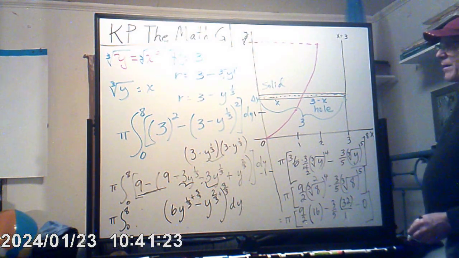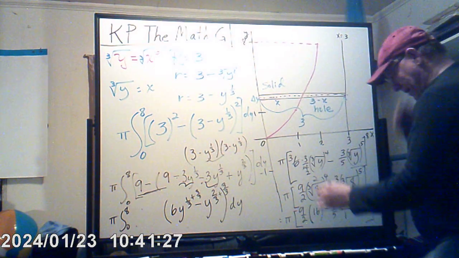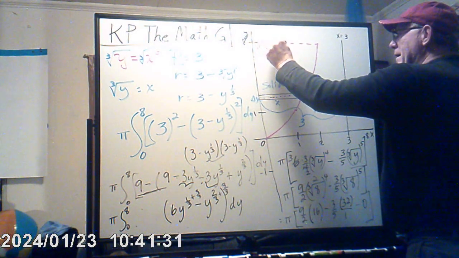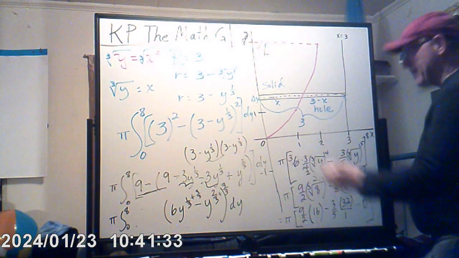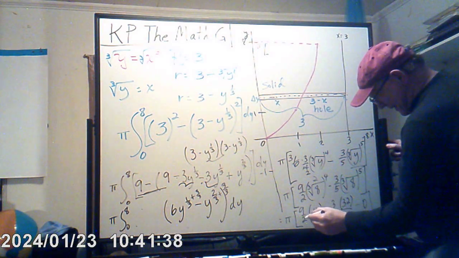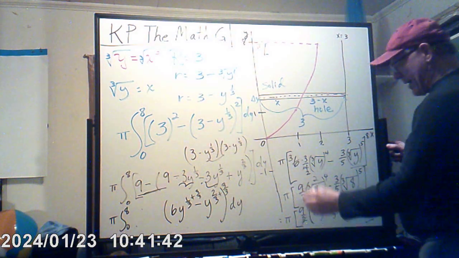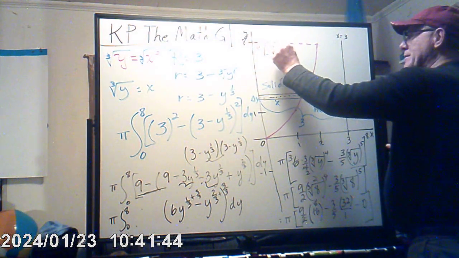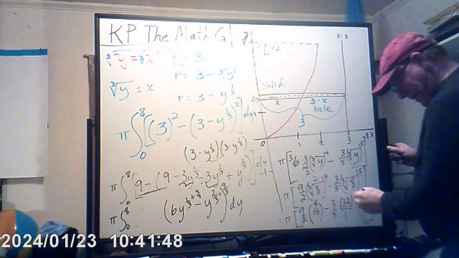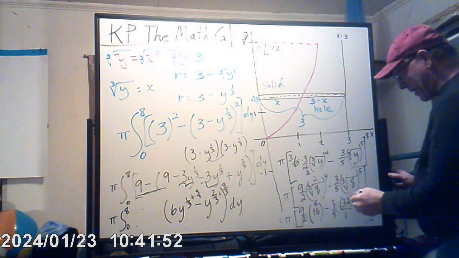Okay, well, where to put our final answer? I guess we can put it up here, can't we? Alright, so pi times, let's see here, 9 over 2. Well, 2 goes into 16 8 times. So 9 times 8 is 72. Unfortunately, 5 won't go into 32. So we've got to multiply across.